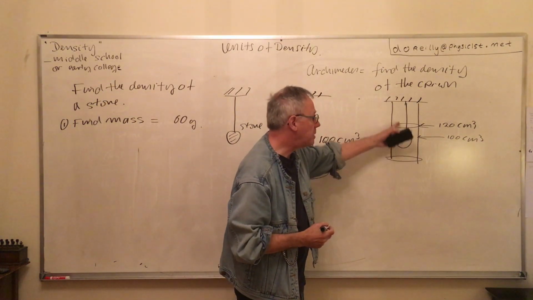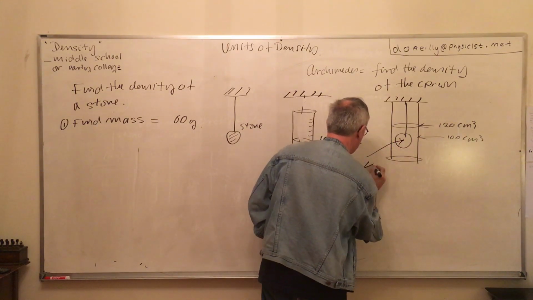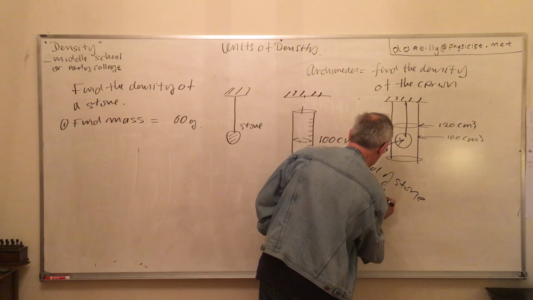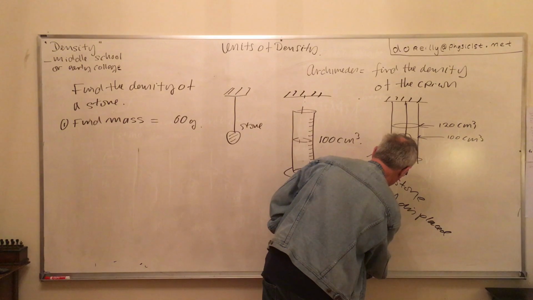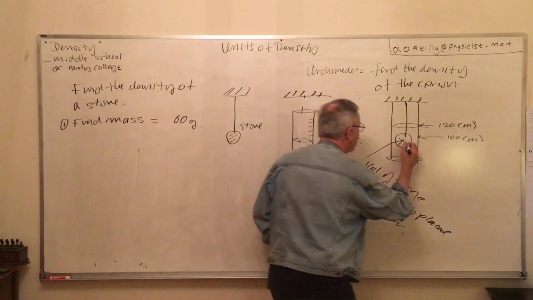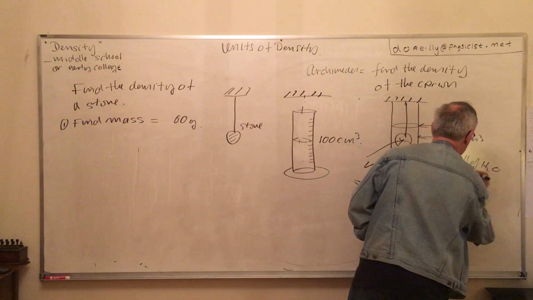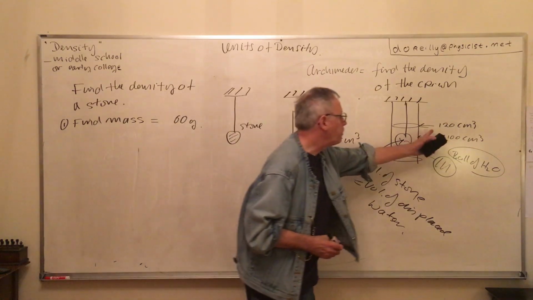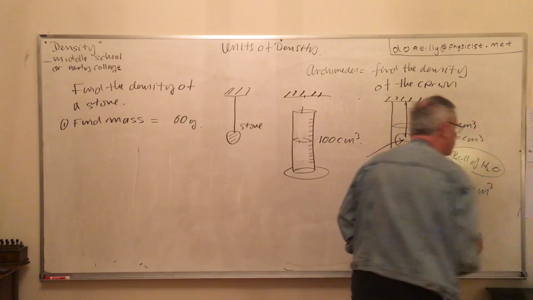The water displaces its own volume. The volume of the stone is the same as the volume of the displaced water. It's like if we took this much water over here. That ball of H2O is going to have the same volume as the stone. In this case, it went up 20 centimeters cubed. Okay?